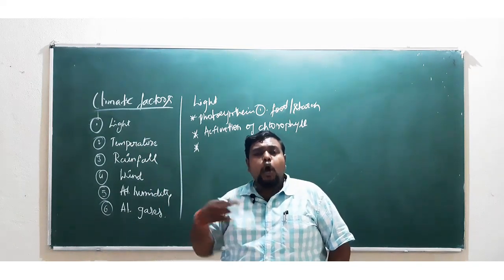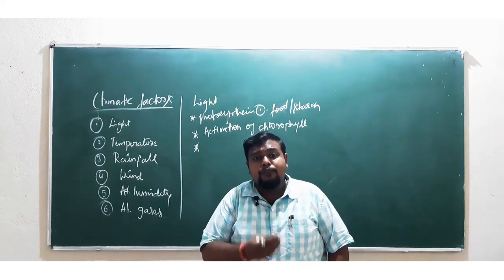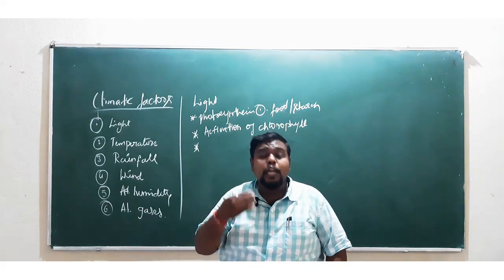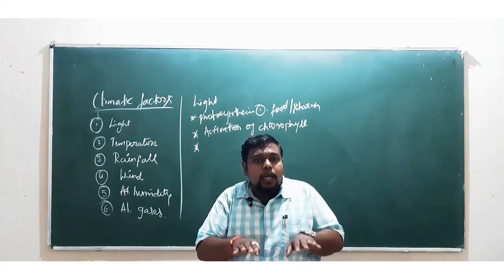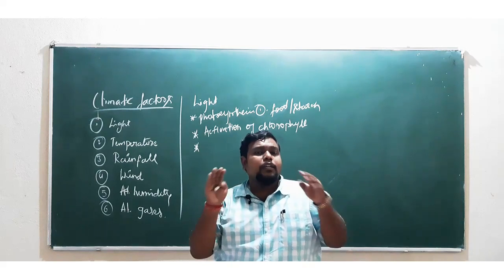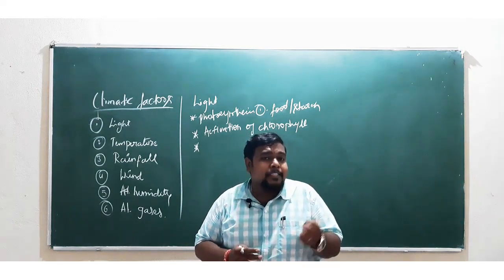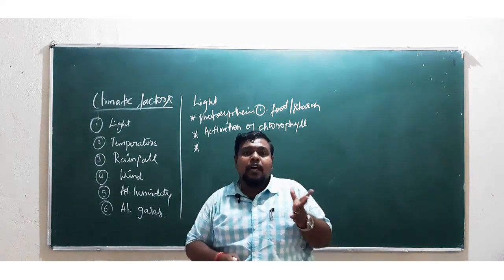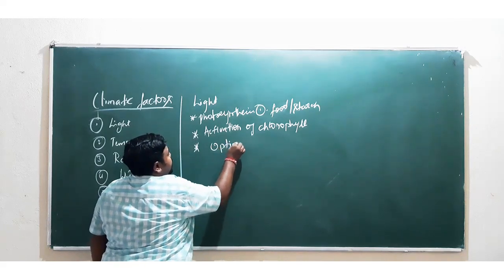Usually all the plants, the mesophytes, require about 25 to 32 degrees centigrade as their optimum condition for normal growth. So, there is a requirement of a proper temperature for all the plants to grow in an optimum condition, and that heat will also be provided by the sunlight itself. So, we can write it here as optimum temperature.